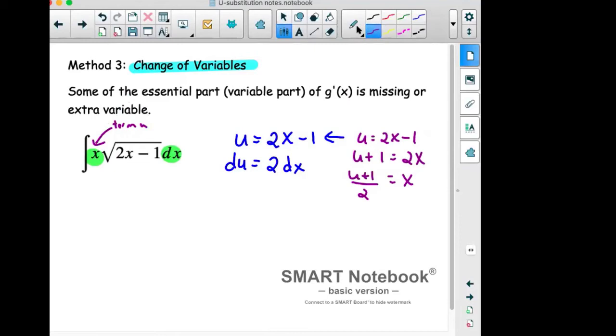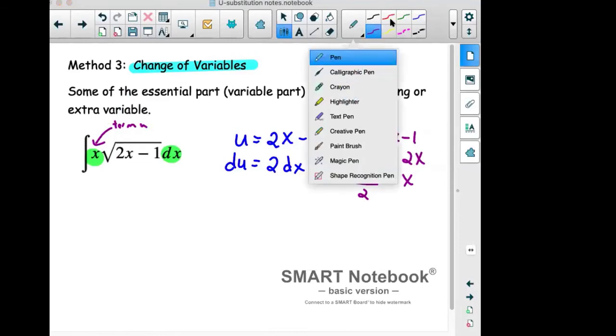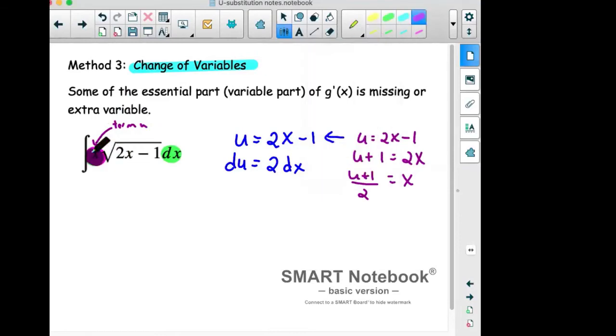So I'm going to replace this x here with that u plus 1 divided by 2. So I have u plus 1 divided by 2.